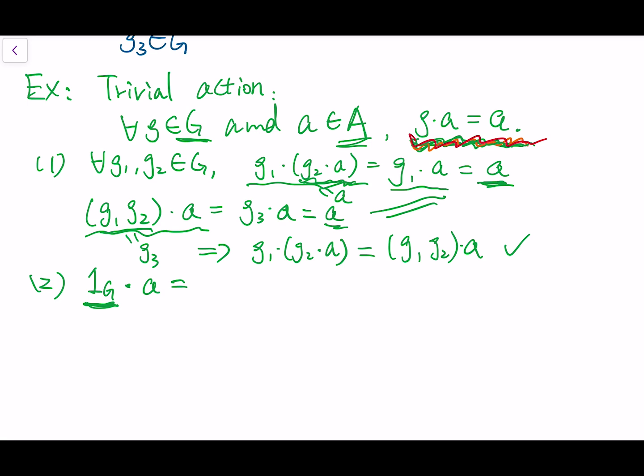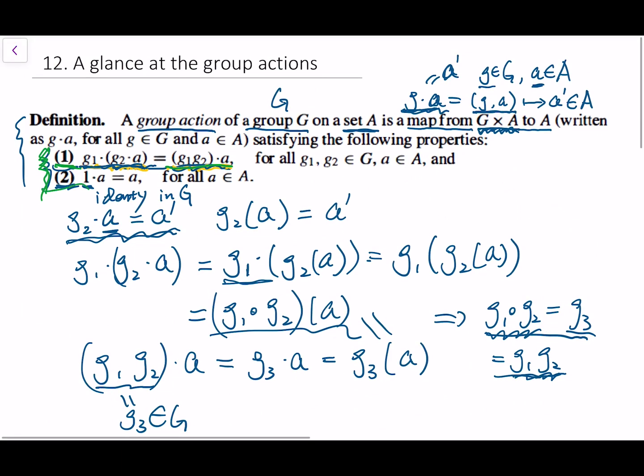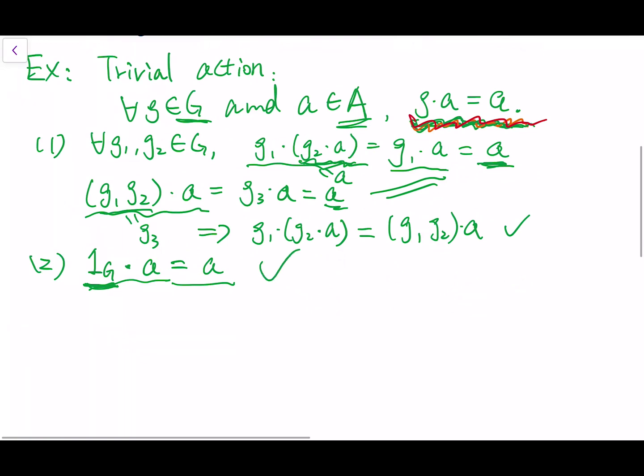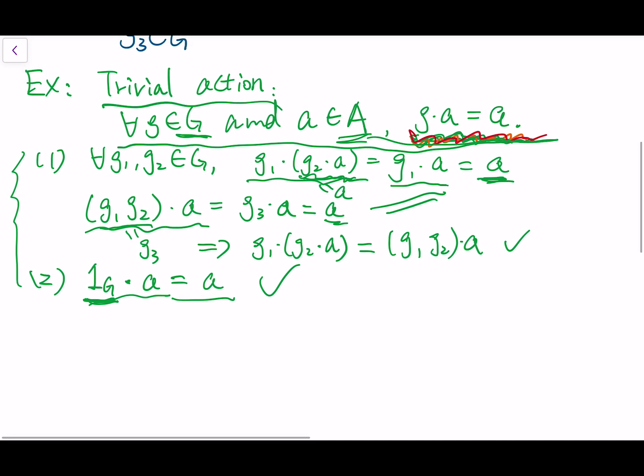So this action gives us A itself, and this is immediately the second property we want for the group action. So we can see that the two properties of group actions are satisfied. So this trivial action is a group action.